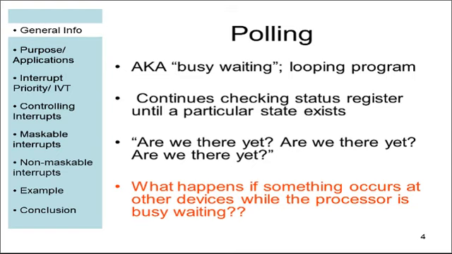In the first situation, if we consider a computer, the computer has to check the status registers until a particular state exists. But what happens if something occurs at other devices and the processor is busy waiting?